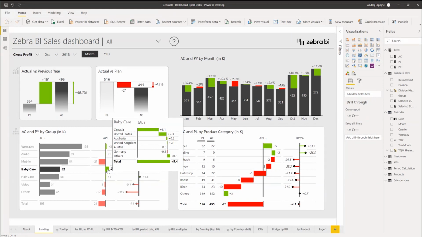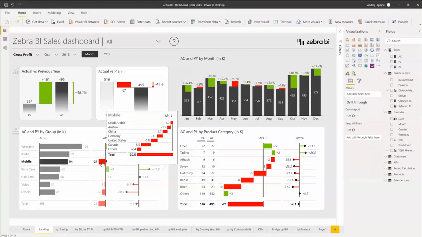Which is really hard to do. You can do it in DAX, of course. I'm sure that Alberto has good recipes for this, but it's again a function that Zebra BI has natively in the chart. So you can simply switch on top and bottom, and then everything else will be calculated within the visual as this others category so that you get the total, right?